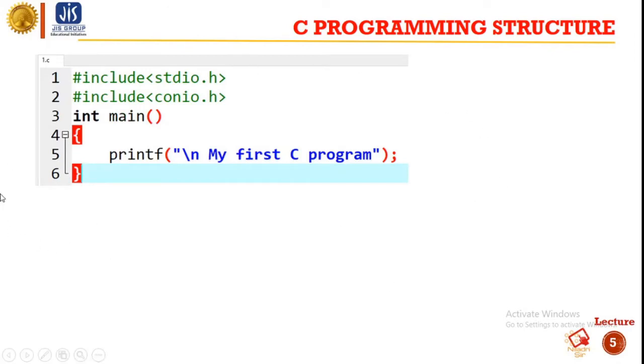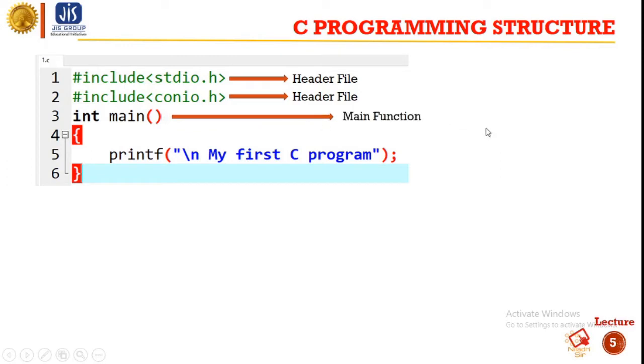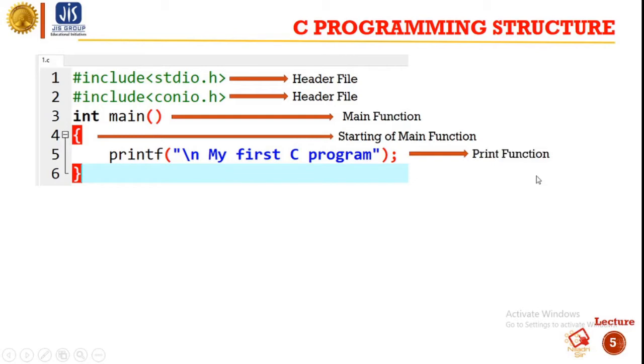So this was the first program. These stdio.h and conio.h are header files. This is the main function, as I have told. The name is main, and int is the return type. This is the opening of the main function, this is the print function, and this is the end of the main function.